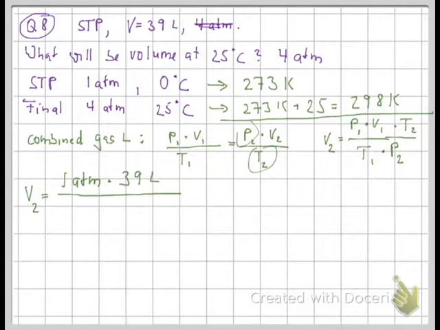T1 is 273 Kelvin, times T2, which is 298 Kelvin, divided by P2, which was 4 atmospheres.